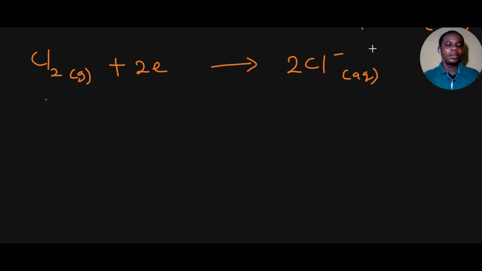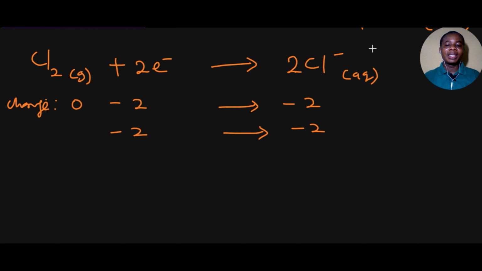The charge on this is 0. The charge on this one is 0. The charge on this is -2. And the charge on this is 2 times -1, which gives you -2. So this is -2 to -2. So we say the charge is what? Balanced.